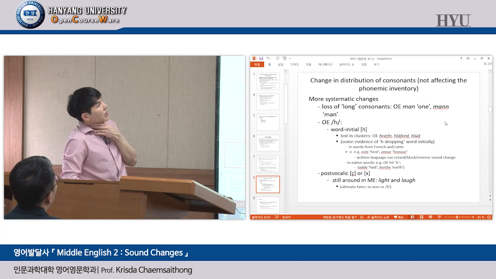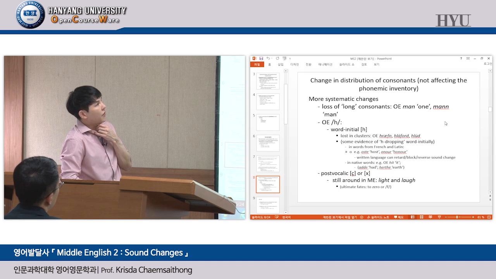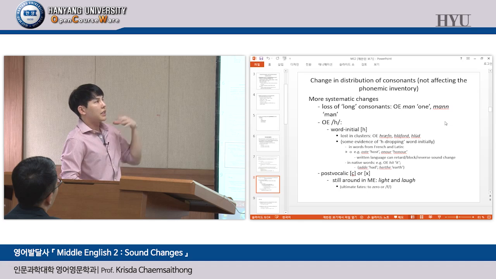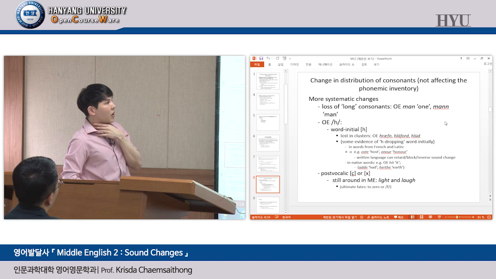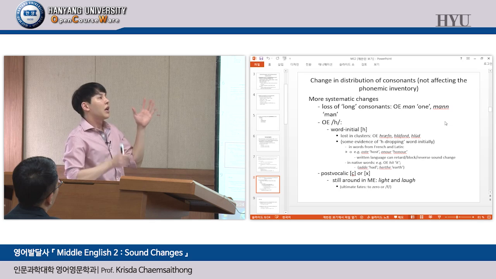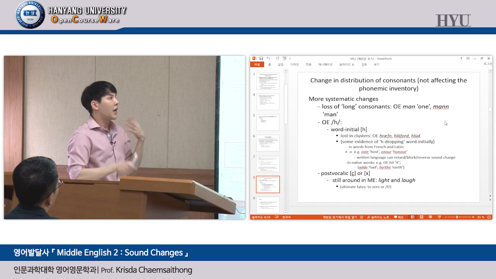And then change in the distribution of consonants not affecting the phonemic inventory. This is unlike the situation with F, V, and Z, right? Because that situation affected the whole inventory, the whole consonant chart. You add 3 more separate sounds, right? But for this one, it doesn't affect the phonemic inventory, meaning you have the same amount of sounds, right?